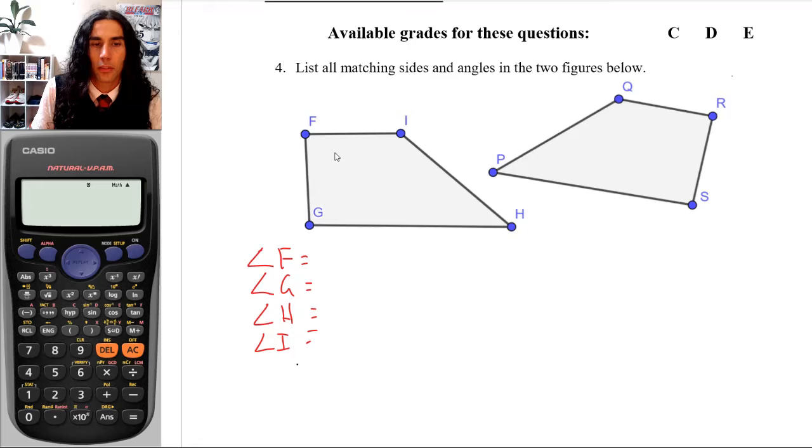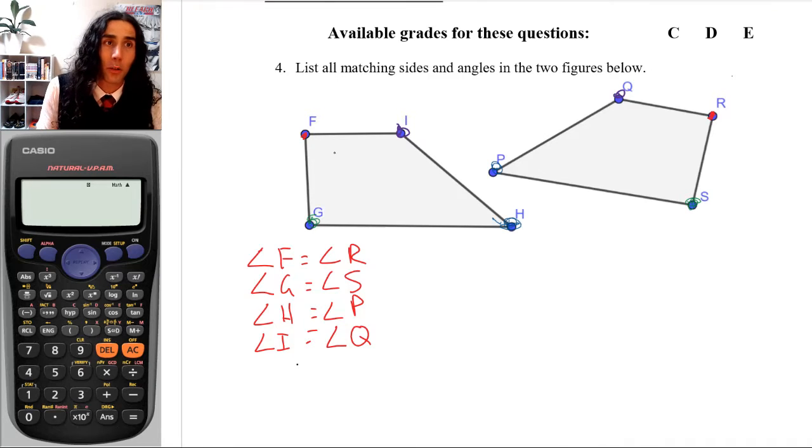Well, F is R, G, down the bottom S. So it's a mirror image with a slight rotation. F, R. G, go down to the corner, another 90-degree angle, and then I. But then you have to do the same thing with the sides. So I'll do it in order. FG, GH, HI, IF.